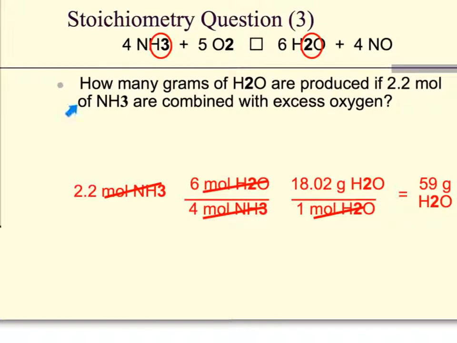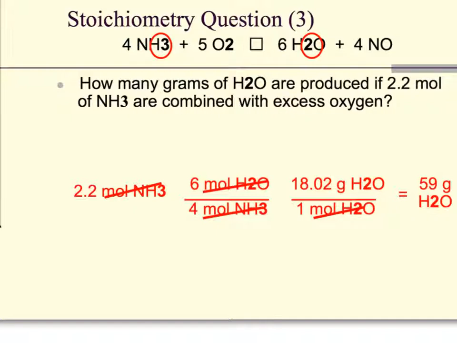On this problem, we have a balanced chemical equation. We are asked how many grams of H2O are produced if 2.2 moles of NH3 are combined with excess oxygen. Note that the two chemicals mentioned in our problem are H2O and NH3.